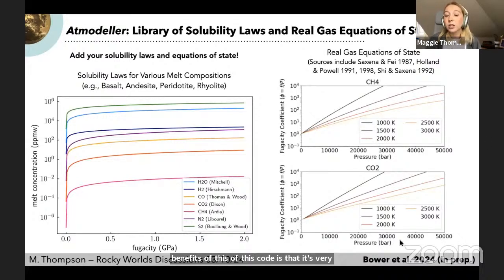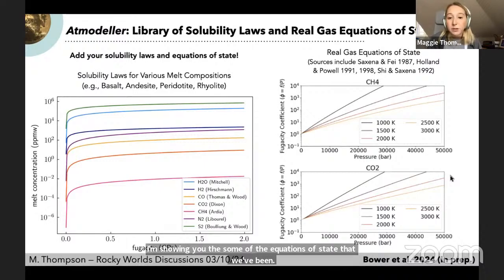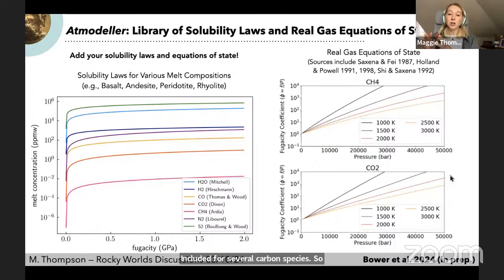So on the right here, I'm showing you some of the equations of state that we've included for several carbon species. So when I say real gas equations of state here, I'm talking about in the regime where you're at high enough pressures where now we can't ignore the fact that gas molecules are actually going to interact with each other, and they actually take up an appreciable amount of the space.